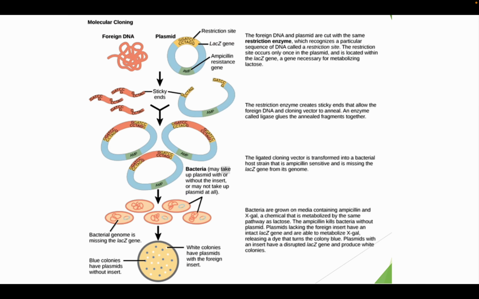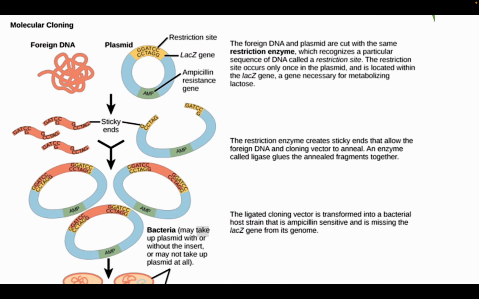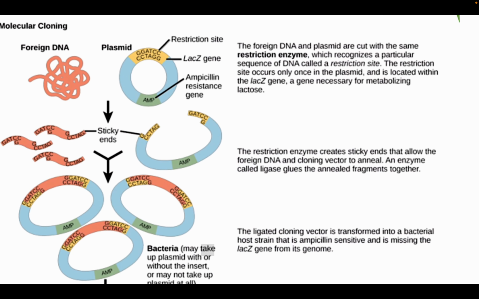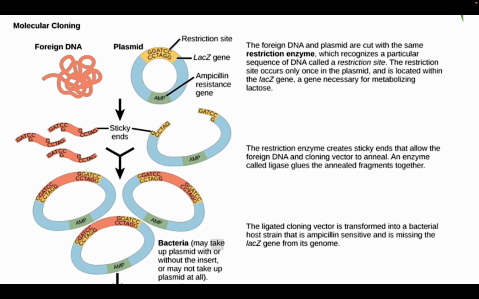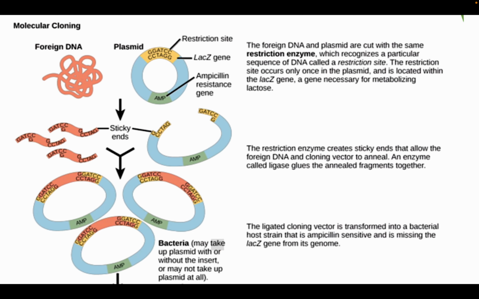Just like this one, class. Let me just zoom this out. So this is a type of molecular cloning. The foreign DNA and the plasmid are cut with the same restriction enzyme.